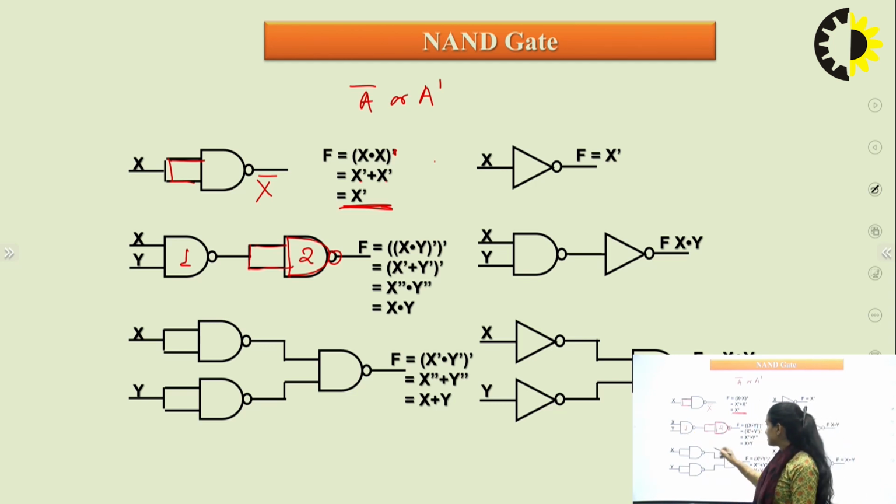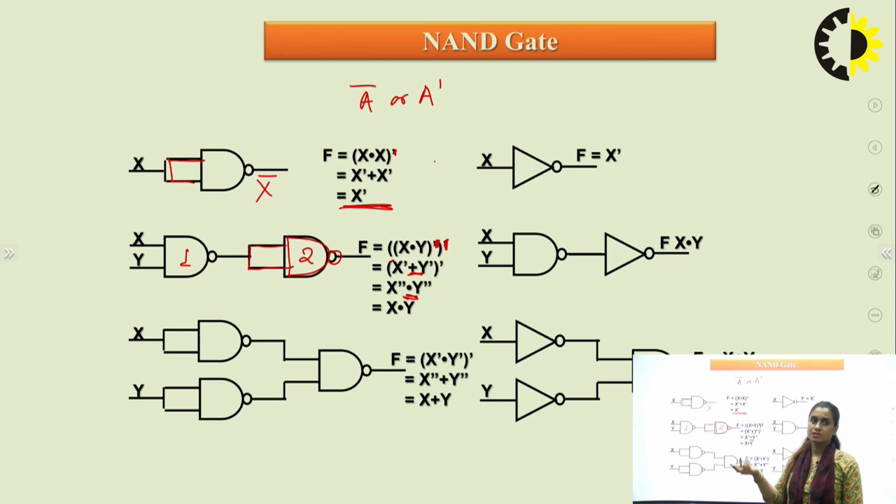Let's check it here. This is x dot y whole bar. Now what is happening here? Double bar, right? So when I open this double bar, what do I get? Let's open the inner bar first. Using De Morgan's law, I get x bar plus y bar, and outside the bracket I have this bar. Now again open it, and I get x double bar dot y double bar using De Morgan's law.